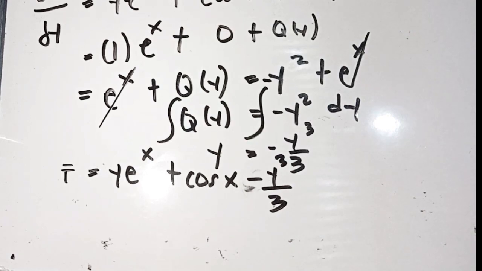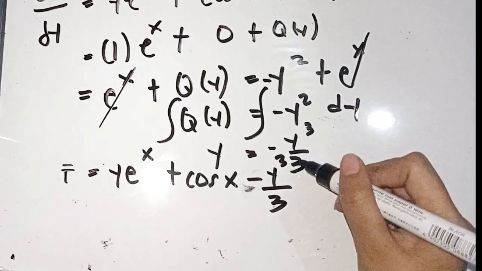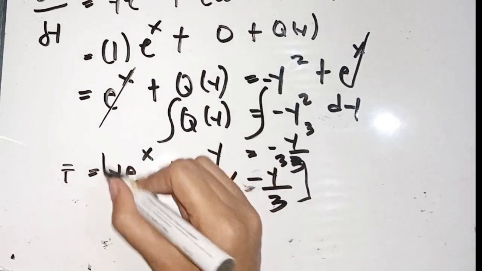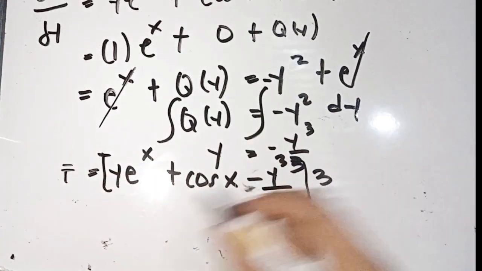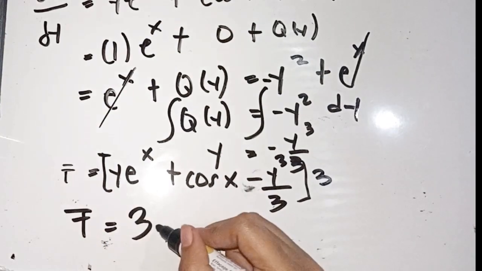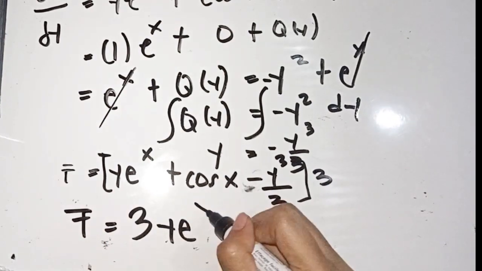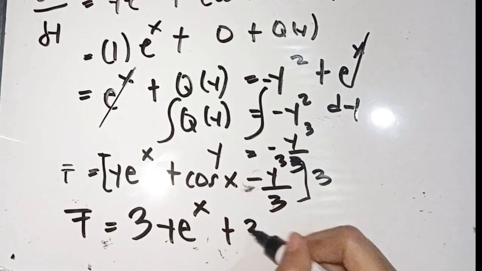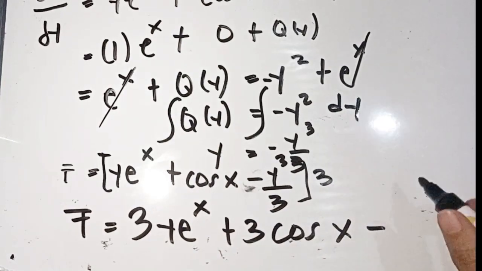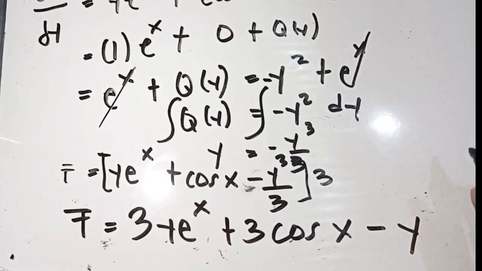We can simplify this answer by multiplying both sides by 3. So our f now is equal to 3y e^x plus 3 cos x minus y cubed.